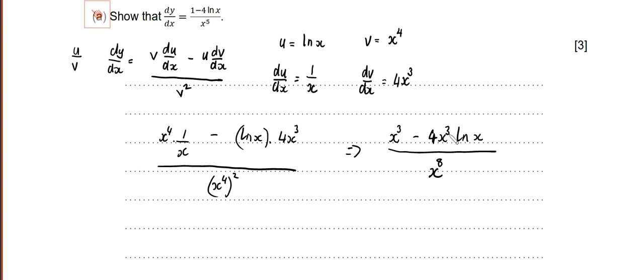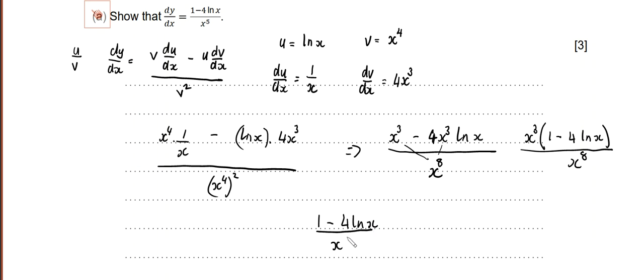So technically, as long as we cancel with both, what we would do is factorise x to the power 3, 1 minus 4 natural log of x, over x to the power of 8, which then we can cancel, which does give me 1 minus 4 natural log of x divided by x to the power of 5, which is exactly what we wanted. Okay.